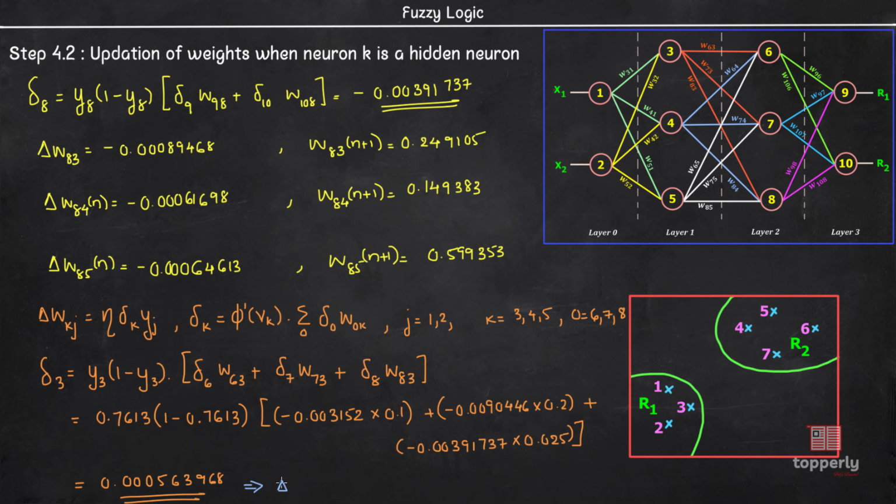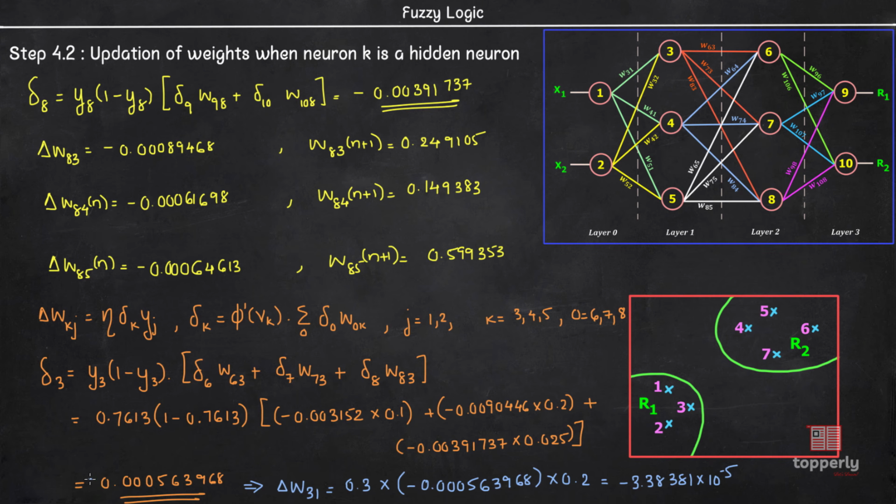Therefore, delta W31 is equal to 0.3 into minus 0.000563968 into 0.2, which is equal to minus 3.38381 into 10 raised to minus 5.